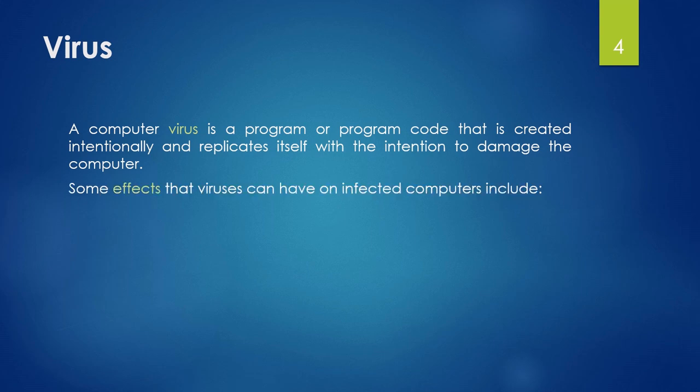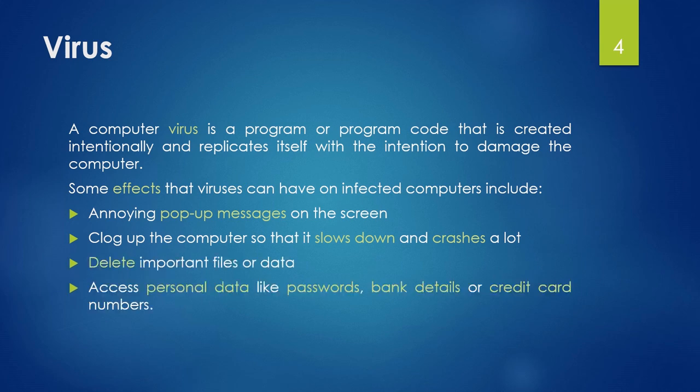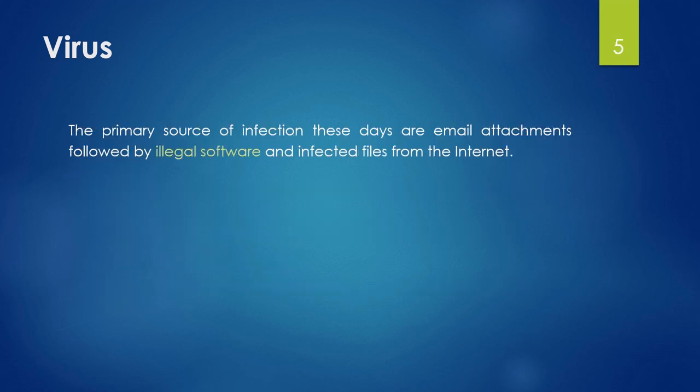Some effects that viruses can have on infected computers include annoying pop-up messages on the screen, clog up the computer so that it slows down and crashes a lot, delete important files or data, access personal data like password, bank details, or credit card numbers. The primary source of infection these days are email attachments followed by illegal software and infected files from the internet.